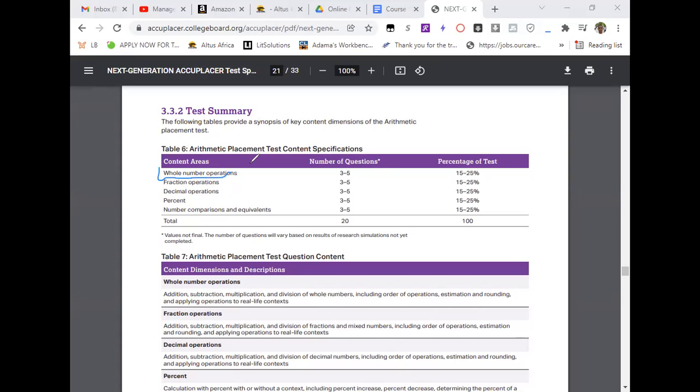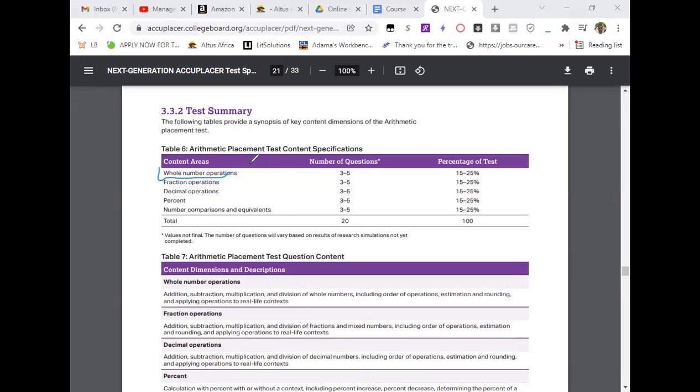And next we have fractions, same operations, decimal operations, percentage, how to find the percentage of a number with regard to another number, and how to get the percentage of something, say 10% of 150. And lastly, number comparison and equivalency.